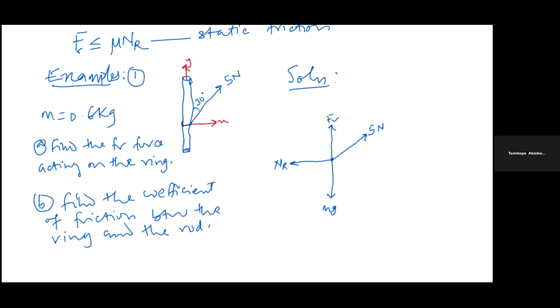So the angle between the frictional force and the 5 Newton is 30 degrees, as shown in the diagram here. So the frictional force and the weight are acting parallel to the rod. So this is what we have. This is the first thing you must do, and this is where you pick it up from.